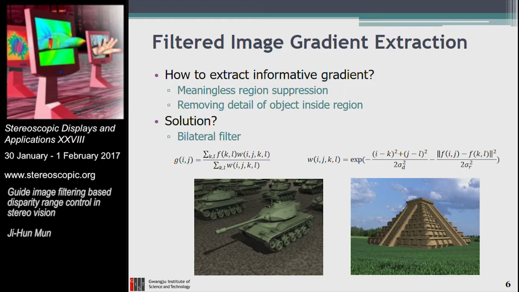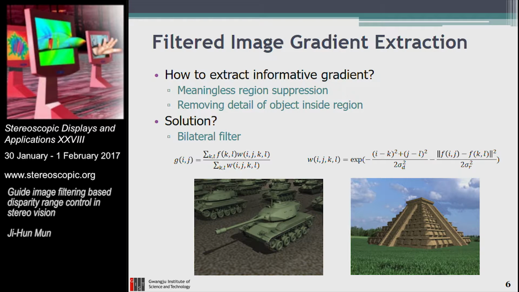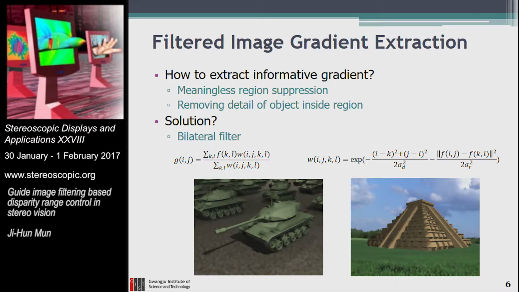So as a solution to these two issues, we apply the bilateral filter using these equations. In this equation, the W terms are defined here. If we apply the bilateral filter on these two input images, then you can get this smoothed result. Again, this one is the raw input image, and this one is the bilateral filtered image.